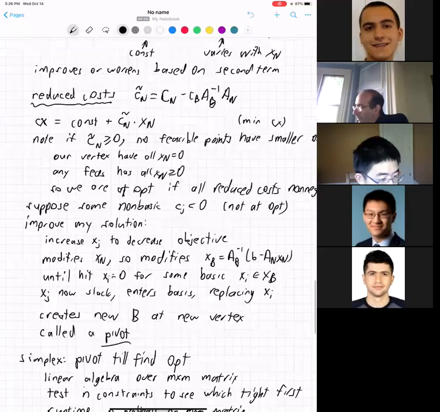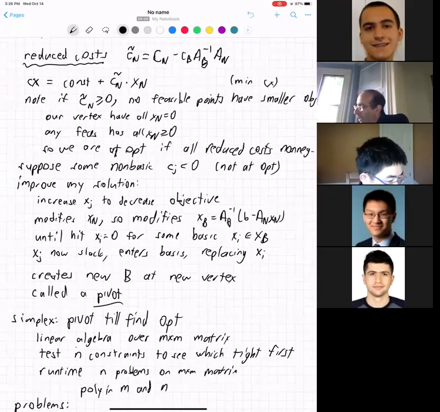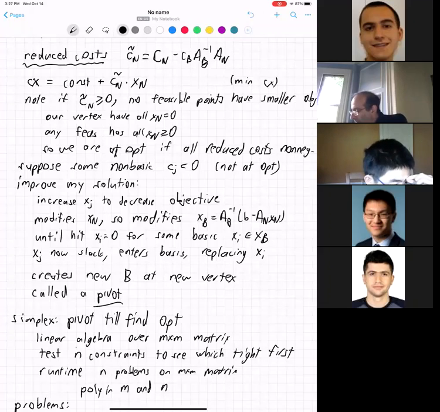So let's think about this pivot, right? I found this non-basic variable, and my idea is that I can increase it until some other basic variable becomes tight, right? But what I would like to point out is that I misspoke a little bit.